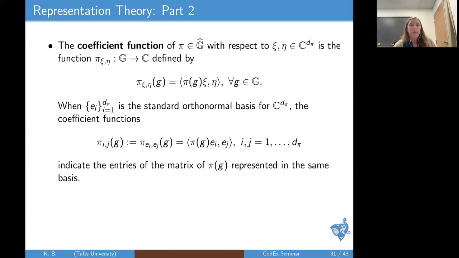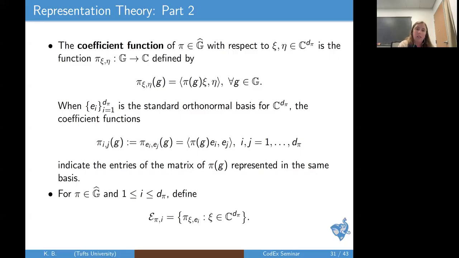And whenever we have a standard orthonormal basis for a space, we can rewrite our coefficient functions where instead of c and eta, we're just taking our coefficient function with respect to this orthonormal basis. And what this represents is a matrix entry of the representation pi at G represented in this same basis. So sometimes you hear these stated as matrix coefficients.